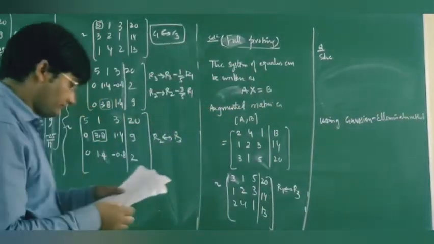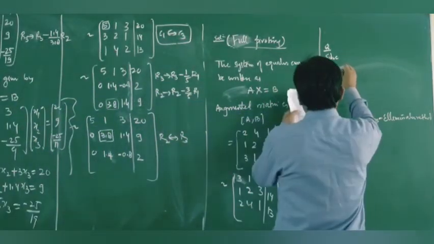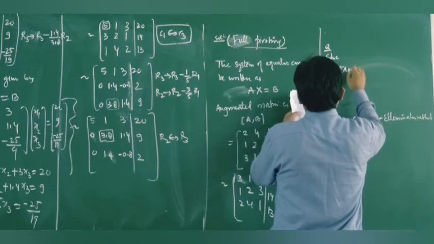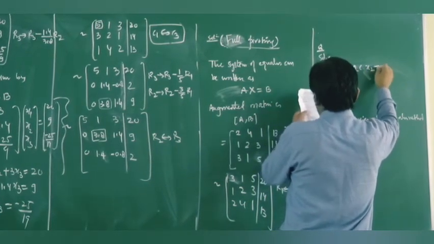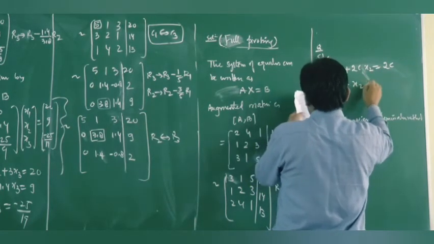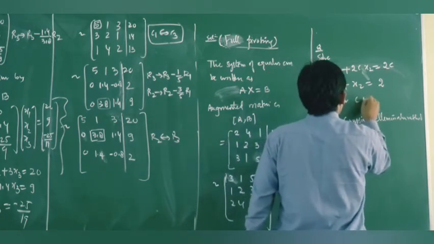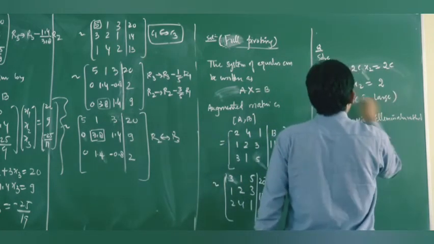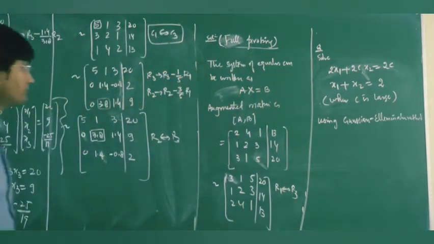Solve the problem 2x1 plus 2c x2 equal to 2c, and x1 plus x2 equal to 2, where your c is large. Now solve this again using the Gauss elimination method.